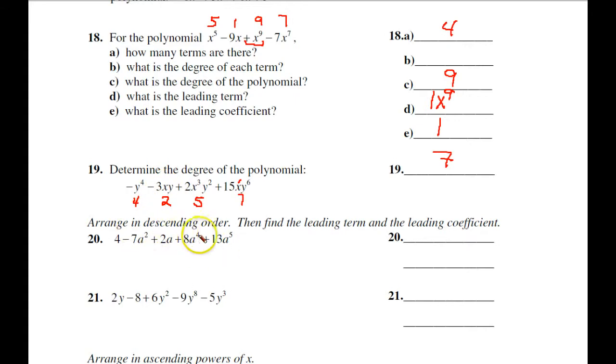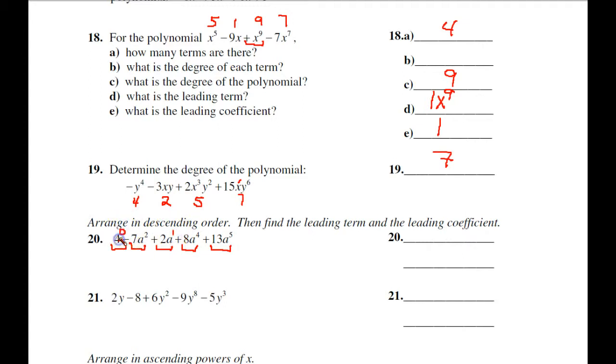Arrange in descending order. So this would be first, this would be second, this would be third, this would be fourth, and this would be last. So it's just 5, 4, there is no 3, then you would go to 2, then you would go to 1, and then you go to the 0.